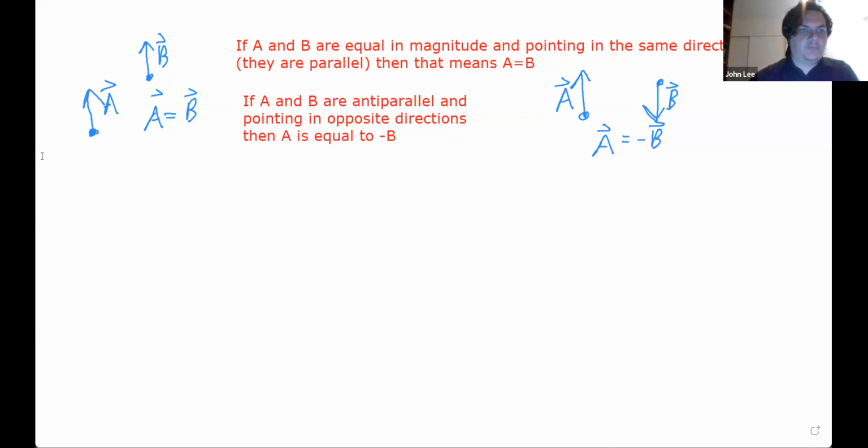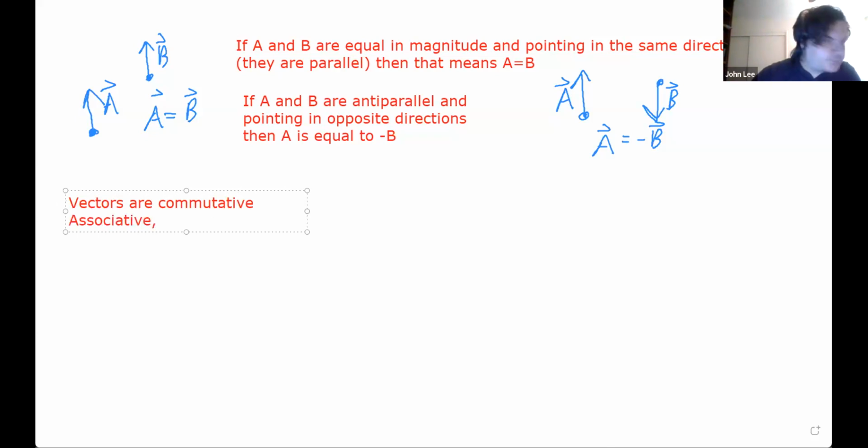Vectors are commutative, associative, have the additive identity, and can be added and subtracted.